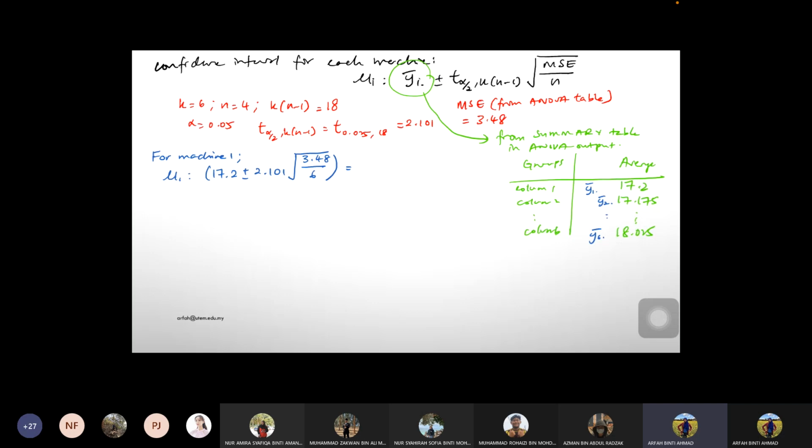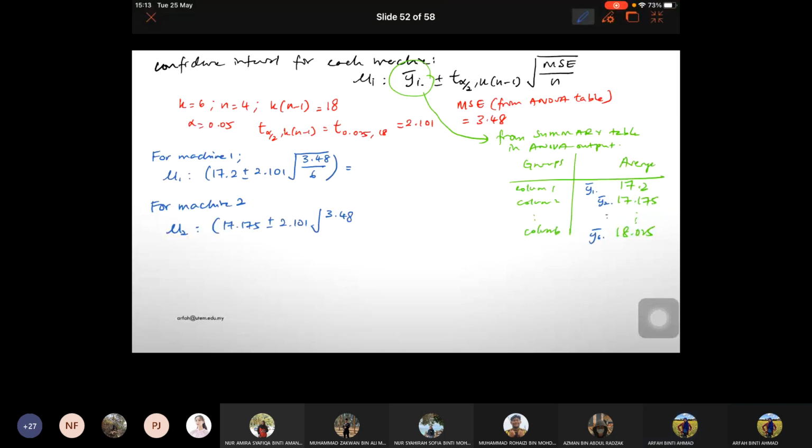So for machine 2, mu yang kedua is 17.175 tambah tolak 2.101 darab square root 3.48 bahagikan n, bukan 6 kan, n 4. Salah tulis. Dibahagikan dengan 4.